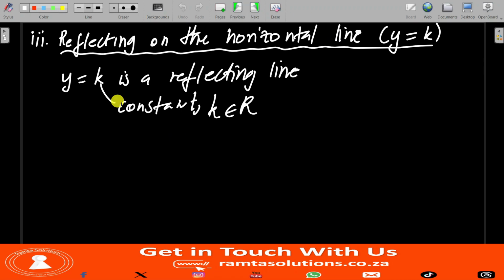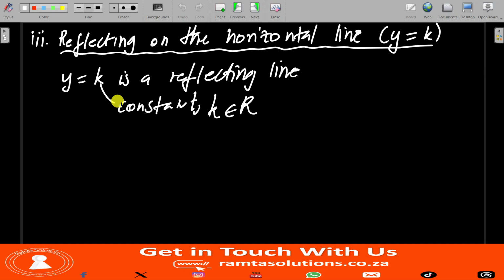So now reflecting on the horizontal line, y is no longer 0, but now y is equal to k. If you recall, I said there should be similar distance between the original point and the reflecting line, and the reflecting line and the image, right?